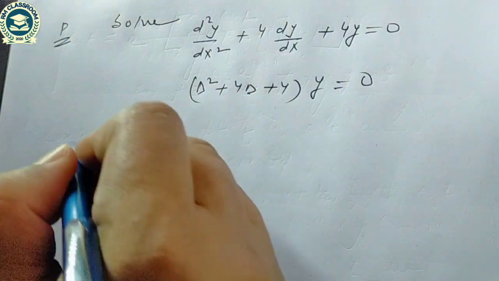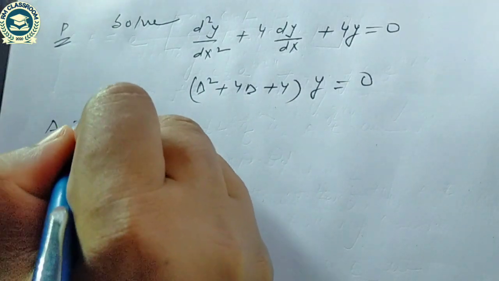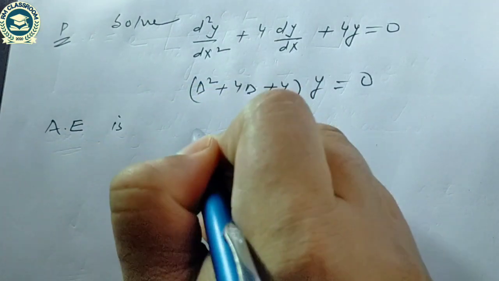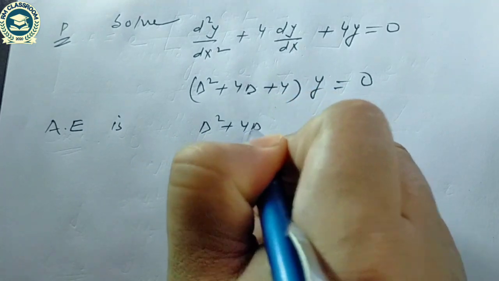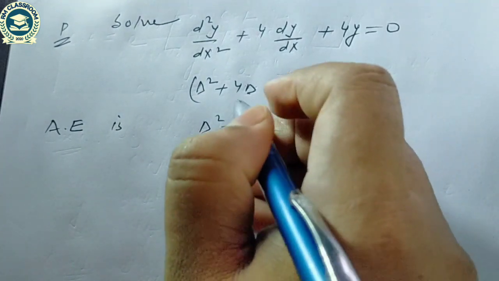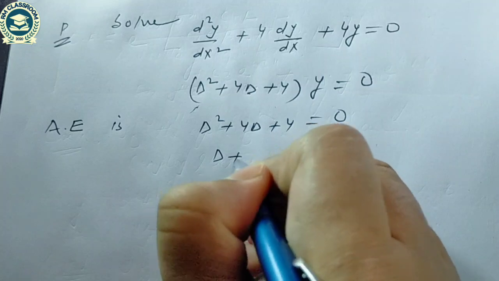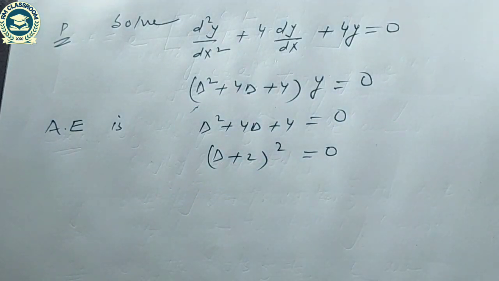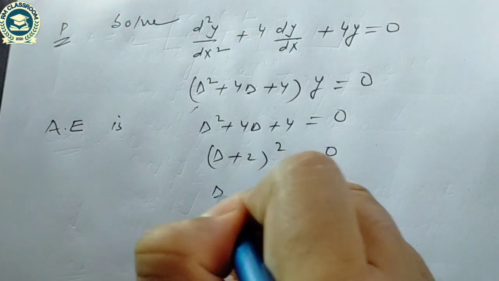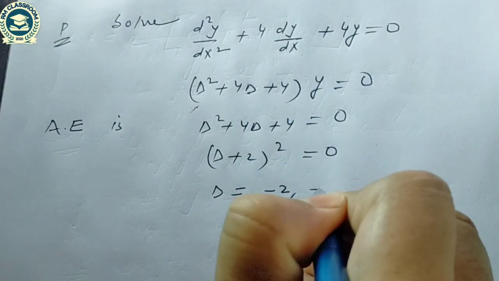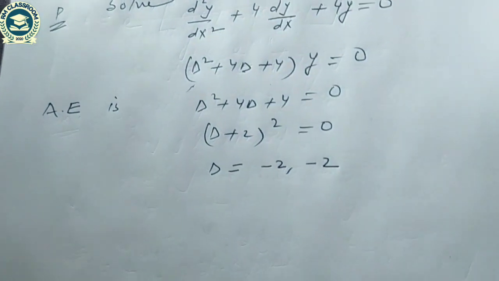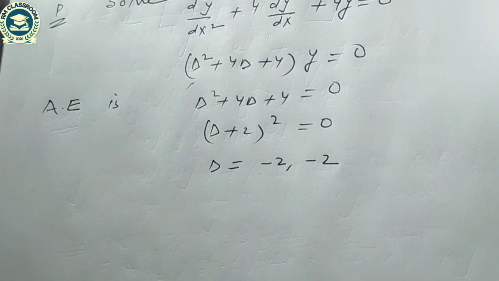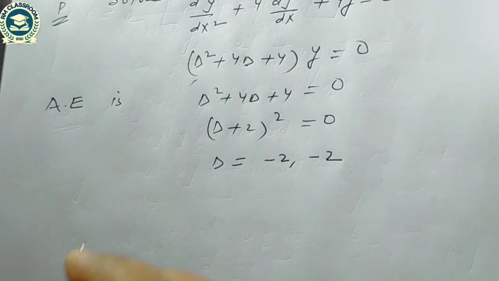And if I write the auxiliary equation, it is D square plus 4D plus 4 is equal to 0, or we can write (D plus 2) whole square is equal to 0. So D is equal to minus 2 comma minus 2, because this is a quadratic equation, so two roots are possible. So our roots are real but repeated in nature.